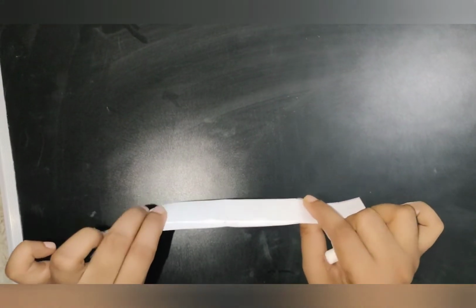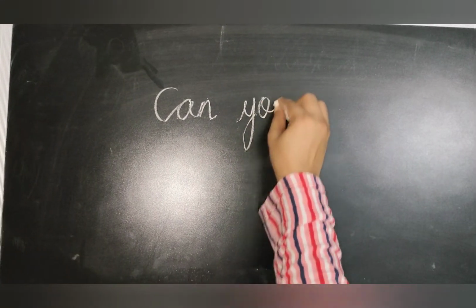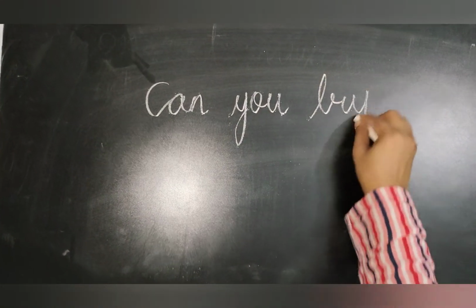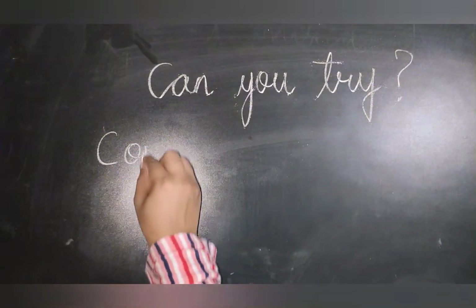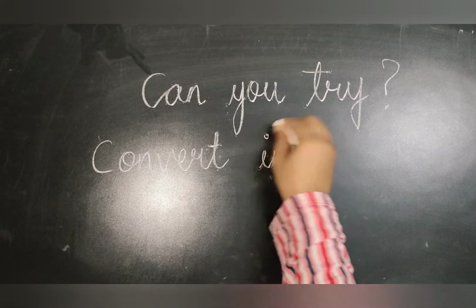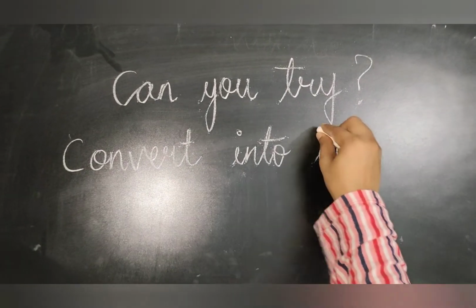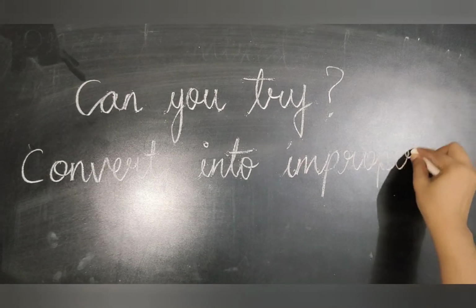Now children, there is a homework for you. You're going to use the strip method, this activity, to perform this operation. I'm going to show you what you have to do. So can you try this number? Can you try to convert it into an improper fraction?